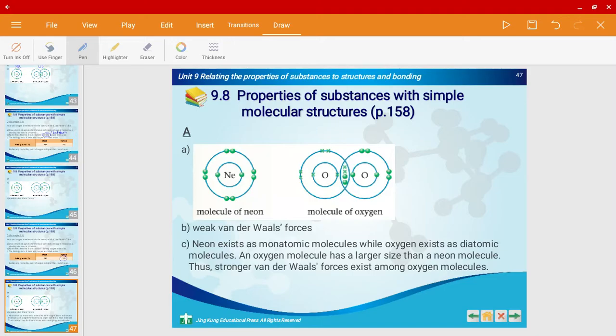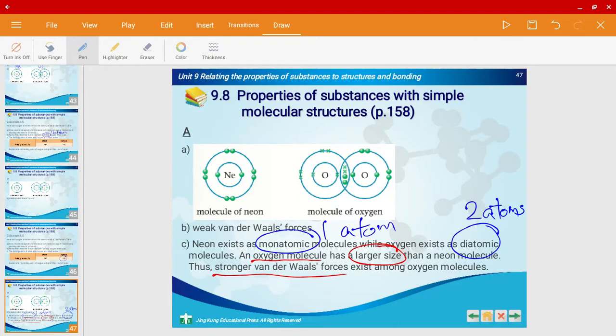So let's have a look. Neon exists as a monatomic molecule, so only one atom. However, oxygen exists as a diatomic molecule, so 2 atoms. This is 1 atom. Hence, the oxygen molecule has a larger size than a neon molecule. So oxygen has a larger size, so comparatively, stronger van der Waals force would exist among oxygen molecules.